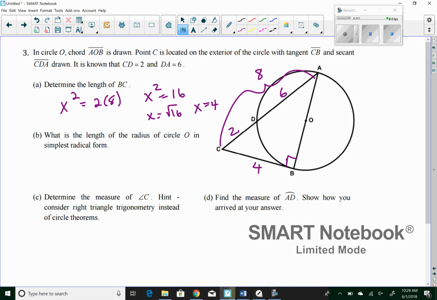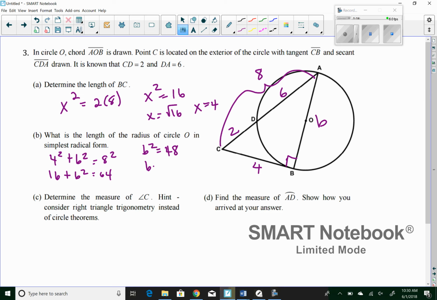So I'm going to make this side B, so I can say 4 squared plus B squared equals 8 squared. And then I can say 16 plus B squared equals 64, or B squared is equal to 64 minus 16, which is 48.